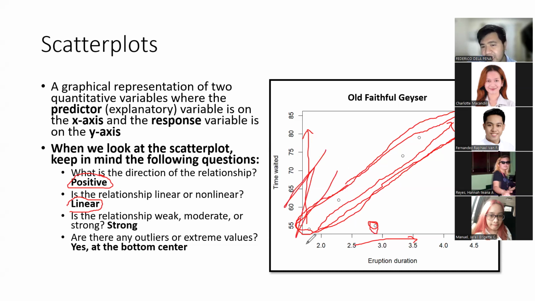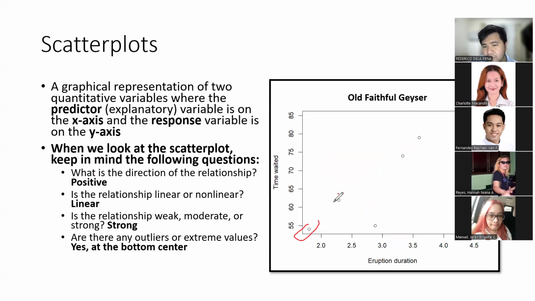So if only half of the values are lining up together, like the plot is something like this, you can see that maybe it's a weak relationship. But in here, you more or less have most of the data points. They're quite lining up. Okay, they're more or less complete. Okay, and you can probably see that it's a strong relationship.